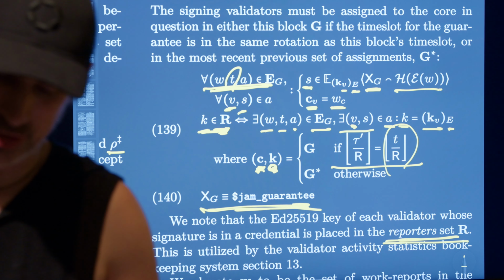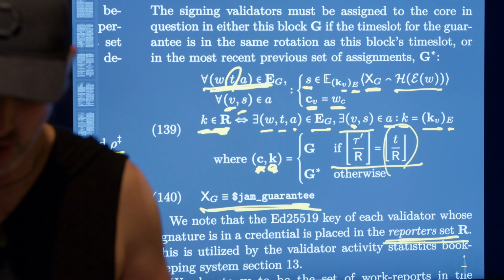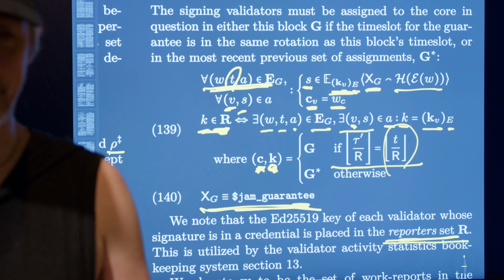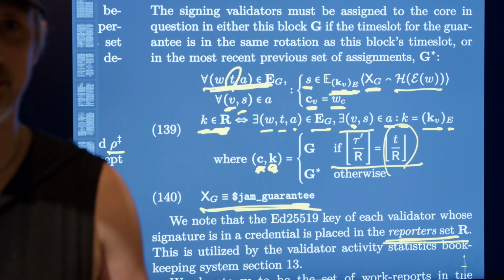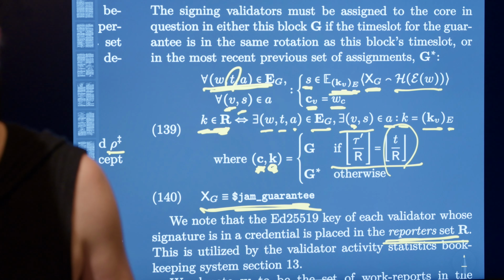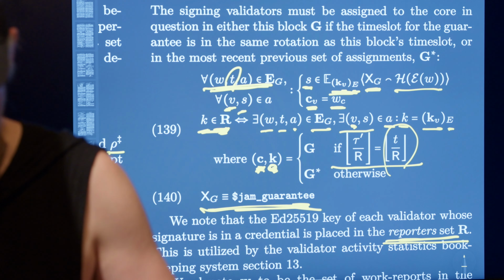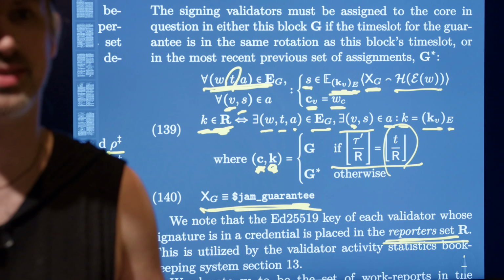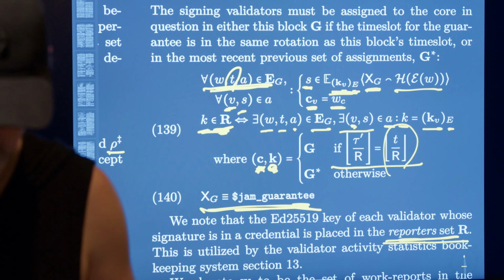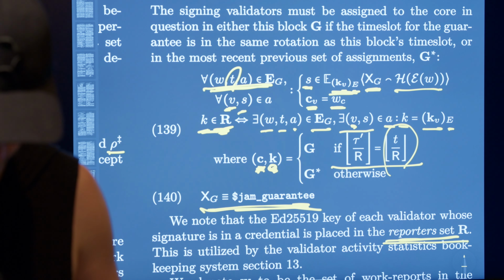So basically, all this says is, all of these keys that we've used to check a signature, assuming that all the signatures check out (if they don't, then the block's invalid anyway), we're going to take all those keys and put them in R. It's a bit of a long-winded way of saying that, but I don't think there's a much easier way of saying it.